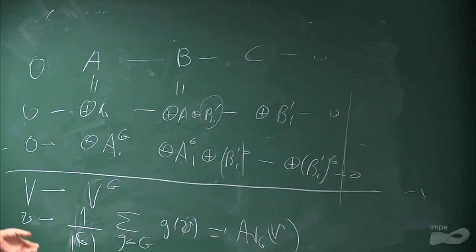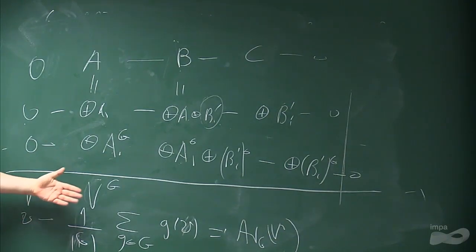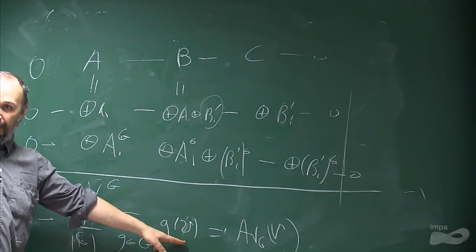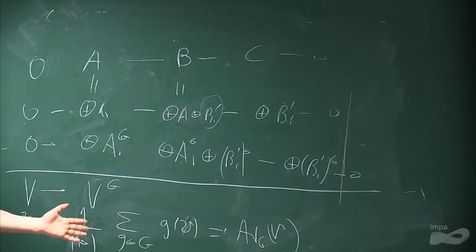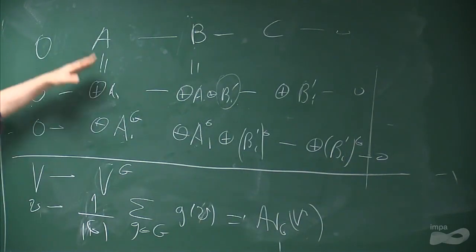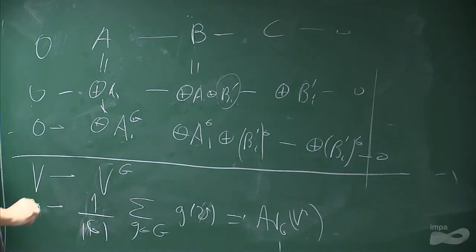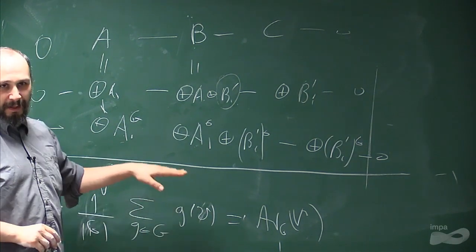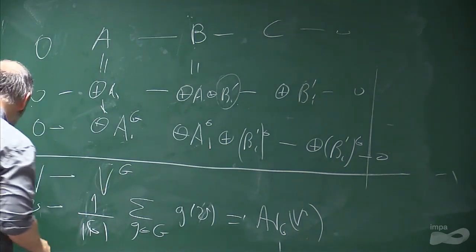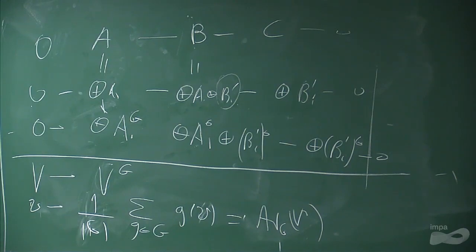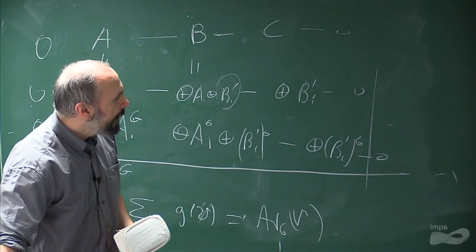This map takes any vector into an invariant vector. This is something we have already discussed. It acts as the identity on invariant vectors, and it projects everything to invariants. So it's just this projection to co-invariants, for instance, or to invariants. But in fact, since this is a projection, you should really think of it as a projection to co-invariants, because it is. So this is the averaging map.